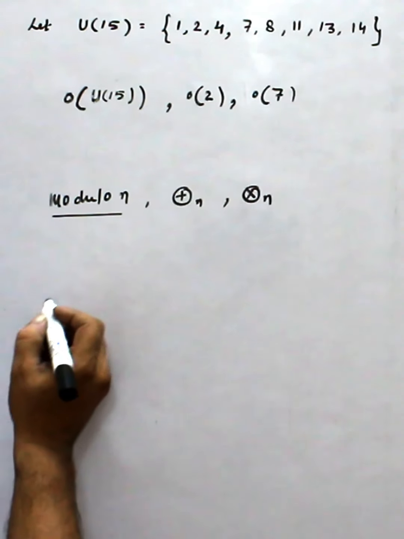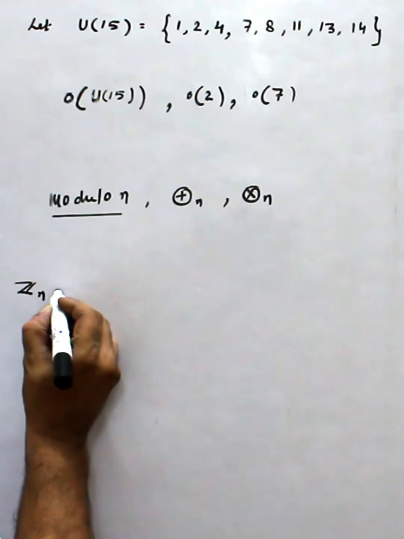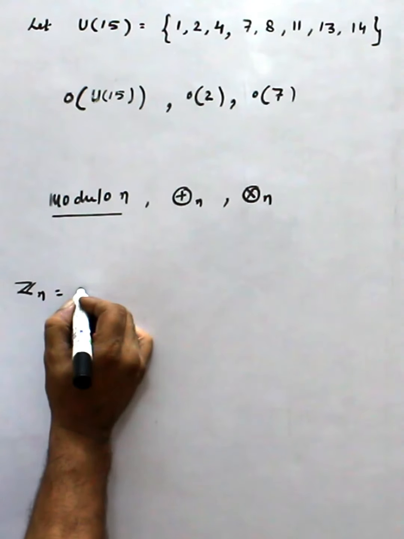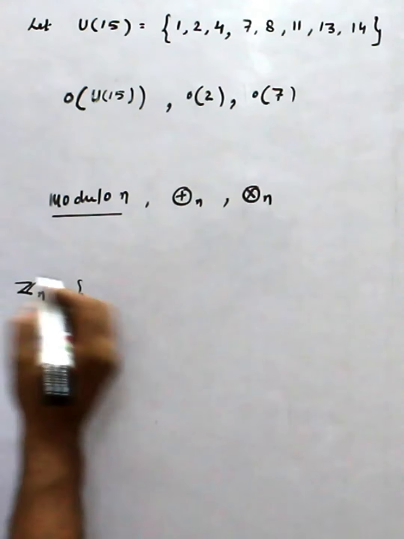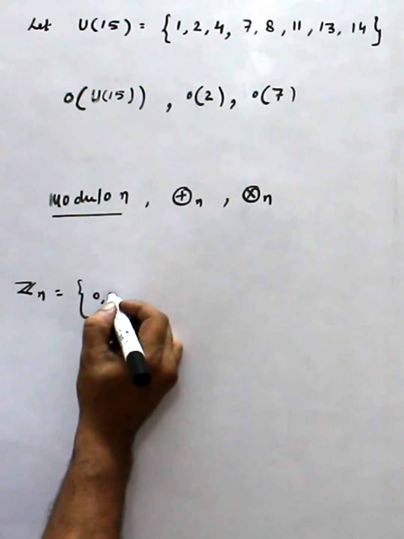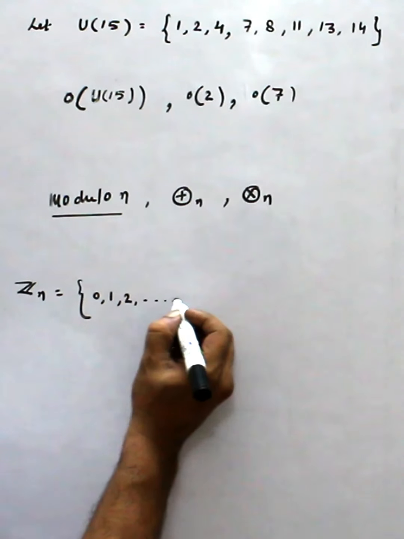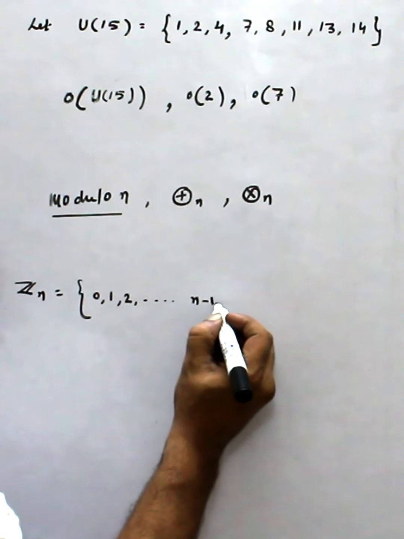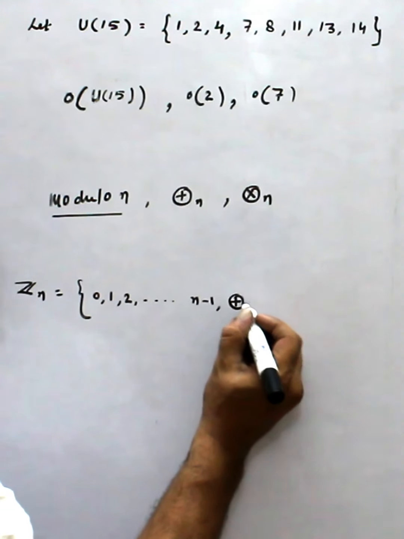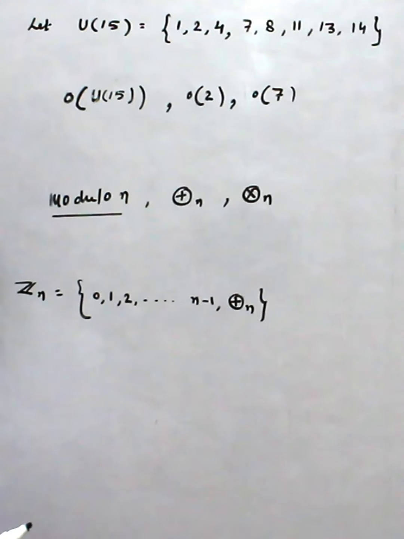So if I write Zn, then this set is with respect to addition. That means in Zn we take the elements up to n minus 1 and the operation we take is addition modulo n, from 0 to n minus 1.